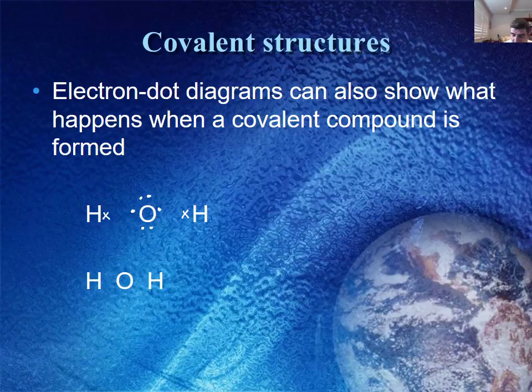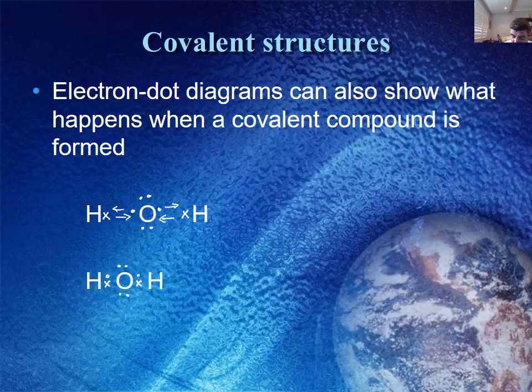So what's going to happen is we're going to have both of these wanting to gain. So the best way for this to happen is a bit of a sharing arrangement going on between these two. As a consequence, we get a dot and a cross, a dot and a cross, and then 2 dots and 2 dots around the oxygen.